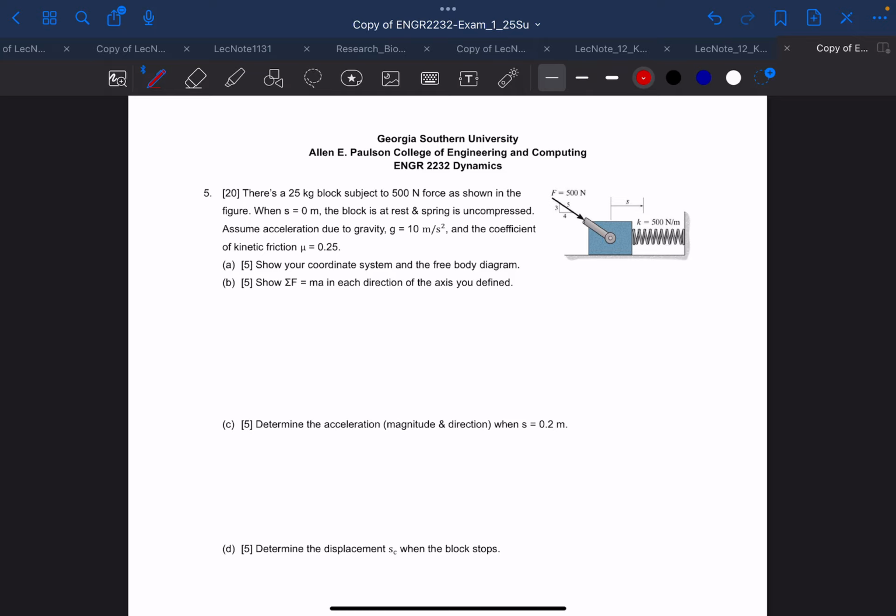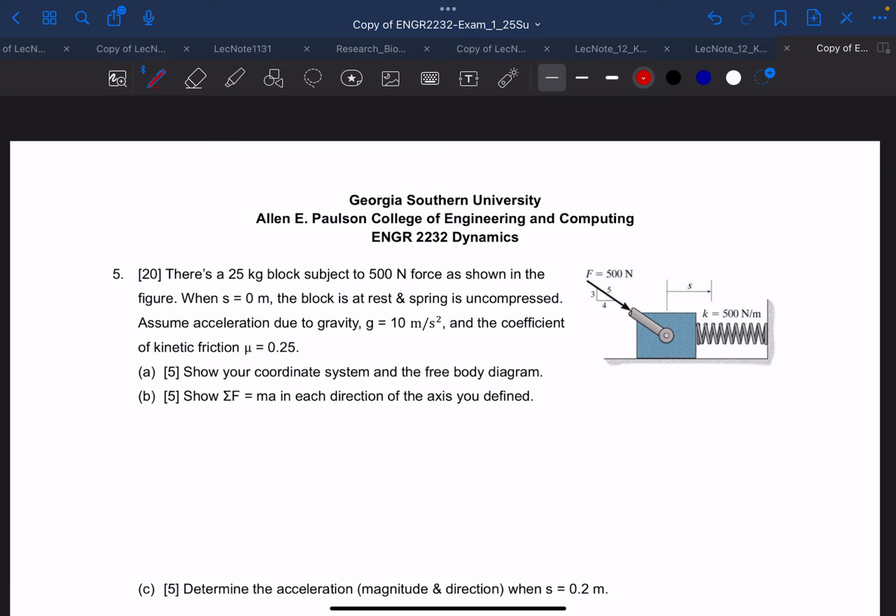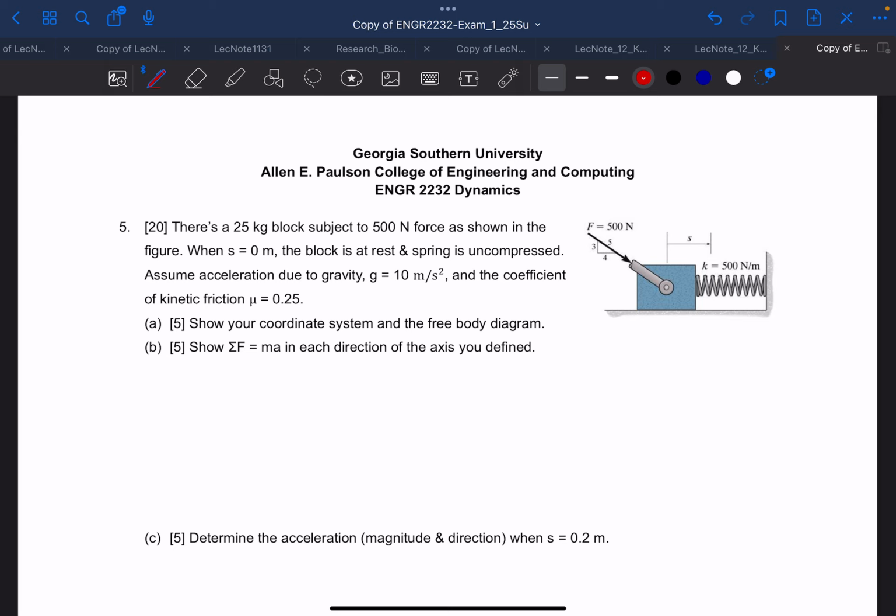And this problem is coming from the textbook. Actually, we tried something similar in chapter 13 and 14. Like in 14, I believe we had a slope going down like this, and we wanted to find out when it stops and so on, right? So there's a 25 kilogram block, and you have a force like this, and when S is 0, the block is at rest and the spring is not compressed.